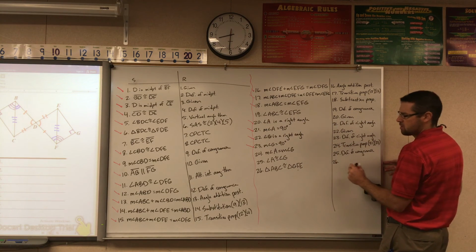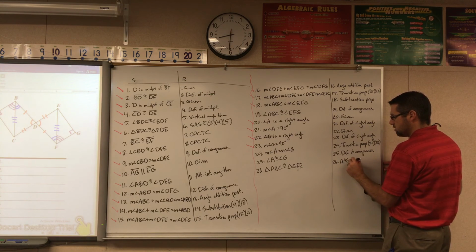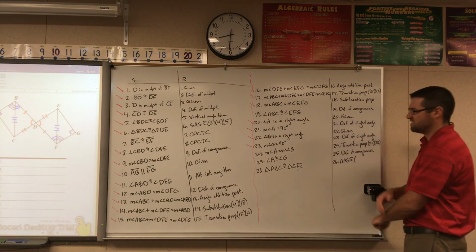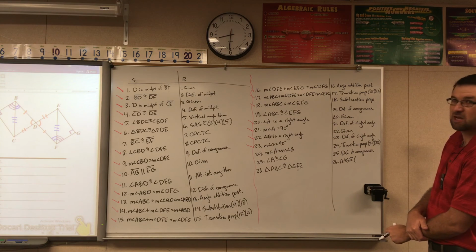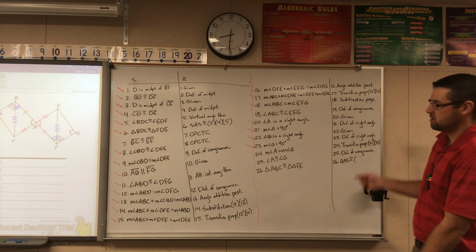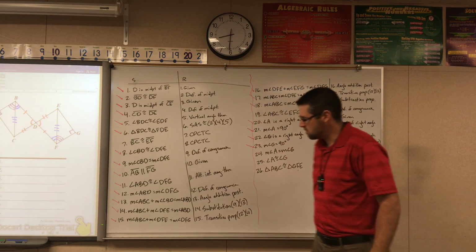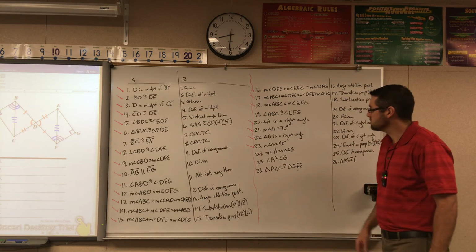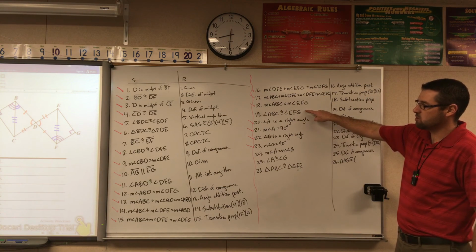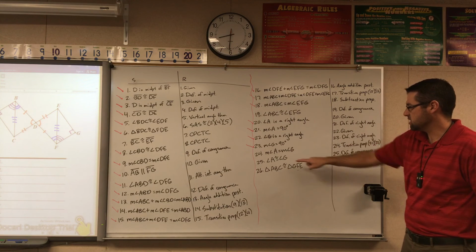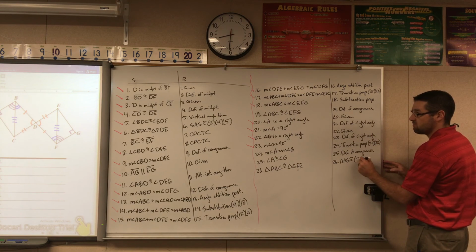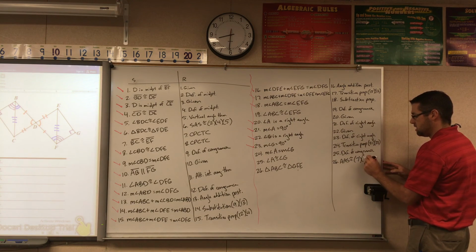What'd you say? AAS congruence. What steps did I get my angle and side from? Step 7 was my side. Step 19 was one of my angles. And step 25. So what was it? 7, 19, and 25.